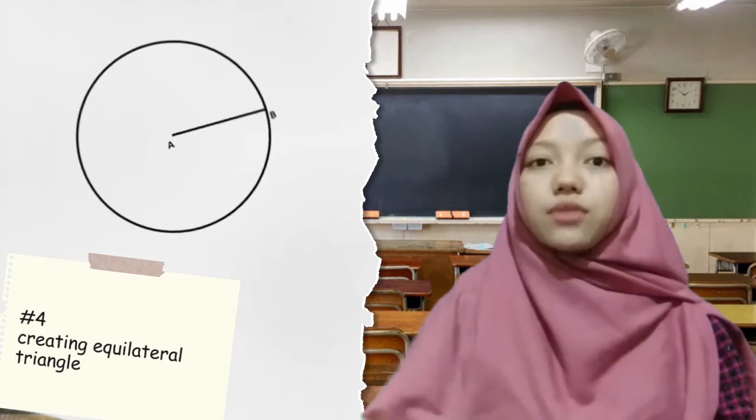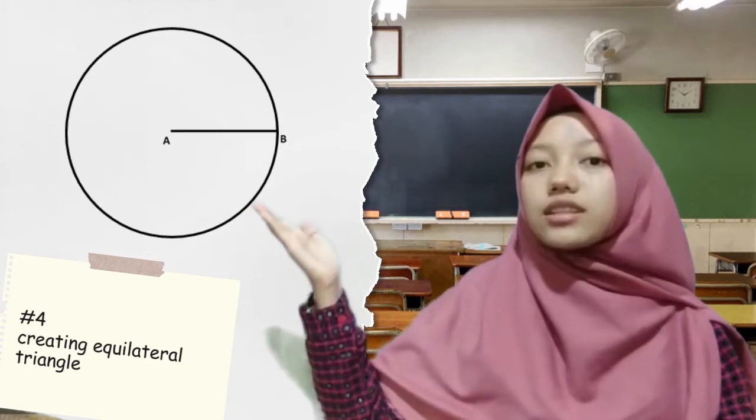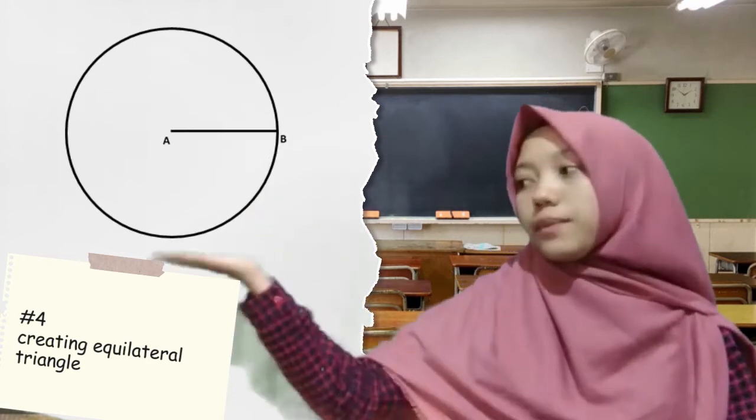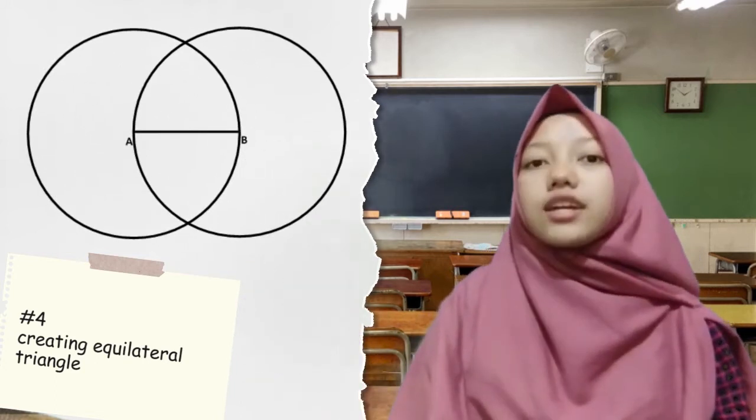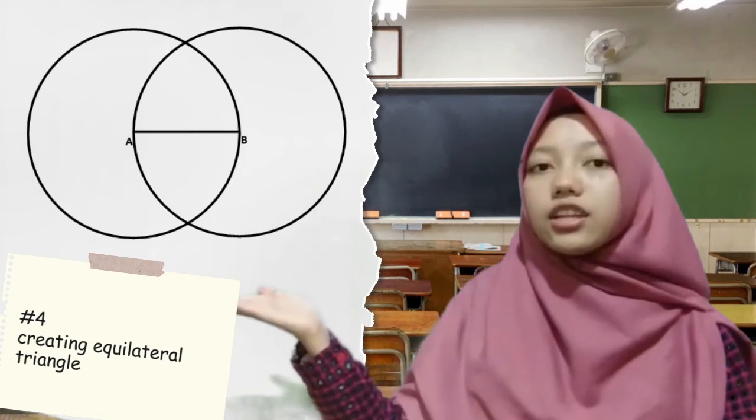Number 1, draw the first circle with center point A and radius AB. Number 2, draw the second circle with center point B and radius BA.